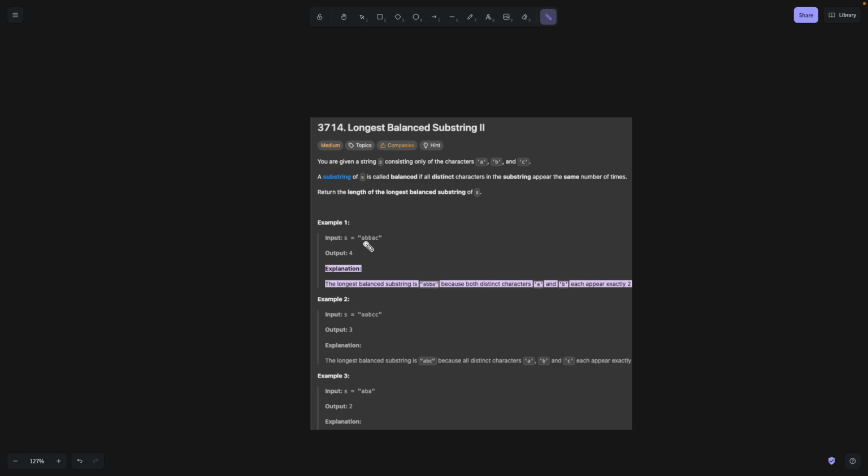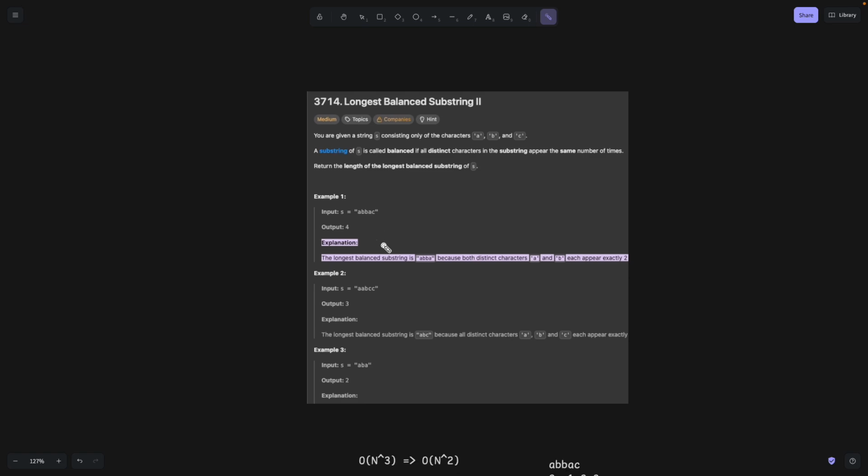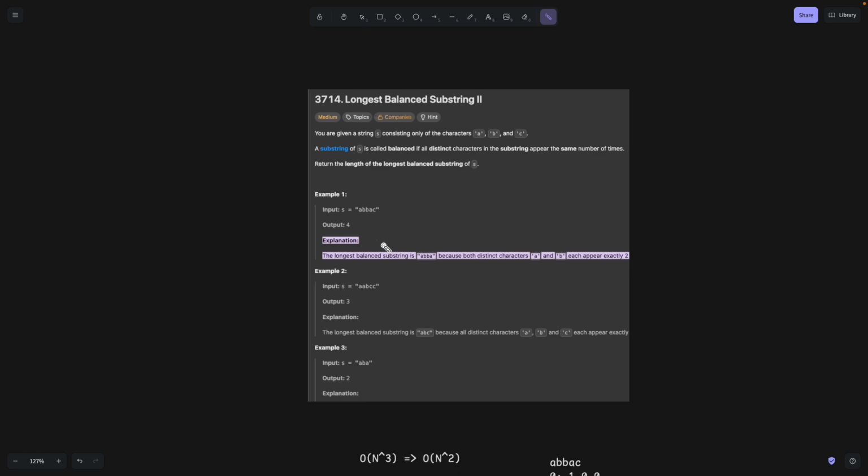In the same way we can try for other combinations as well, when the characters are B and C, and when the characters are A and C. That will give us the length of the longest substring which has distinct characters as 2.